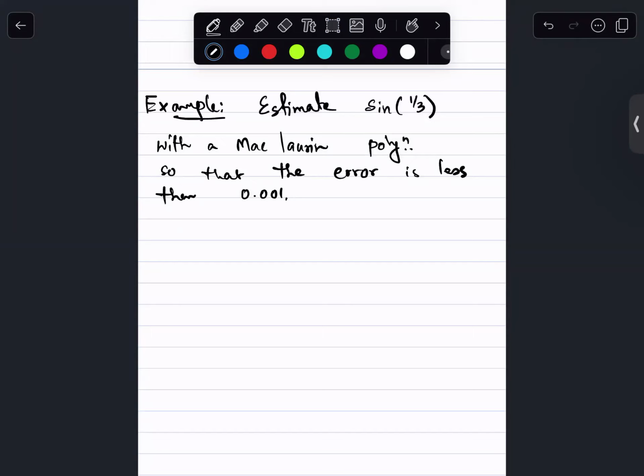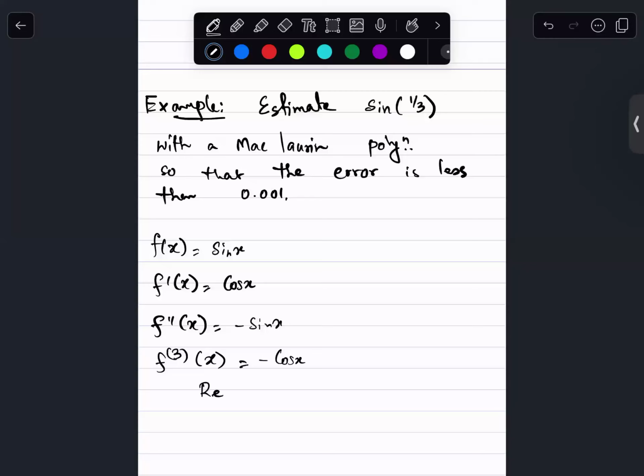Okay, f(x) is sine x, f prime x is cosine x, f double prime x is minus sine x, the third derivative is minus cosine x, and then repetition.